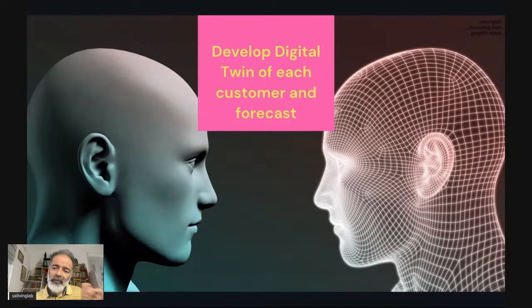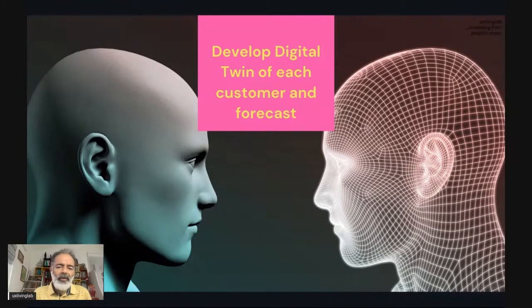Whether the car is purchased and the owner never drives the car, normally it is used by the chauffeur, the driver. That type of information you have to get about each customer. That is, you have to keep a replica of the customer in your database. That is what we call a digital twin.